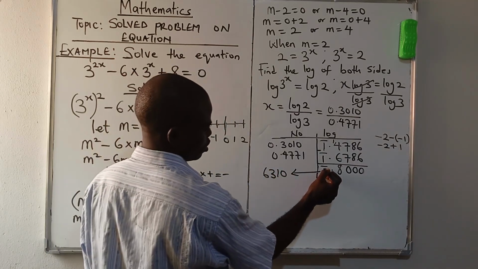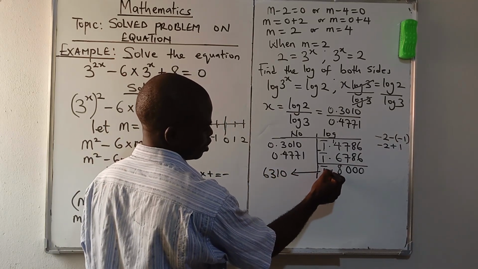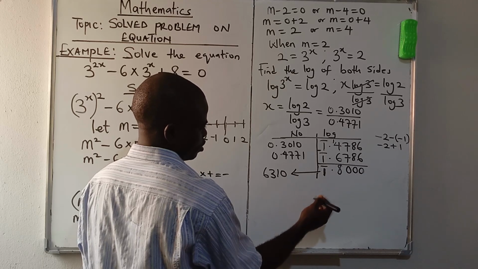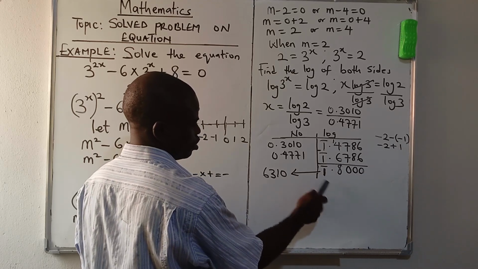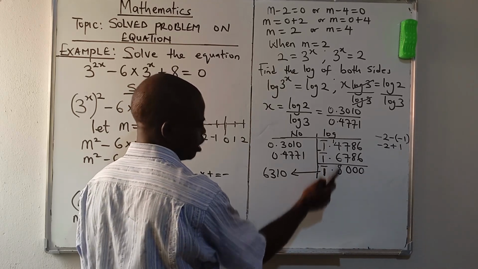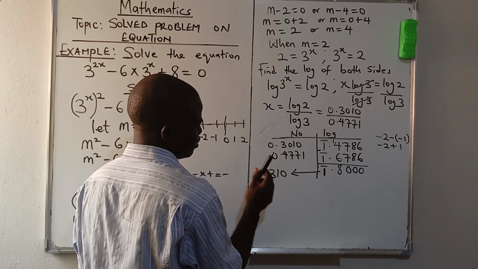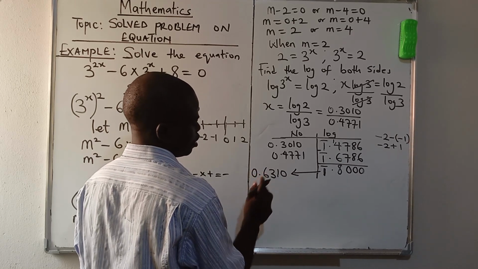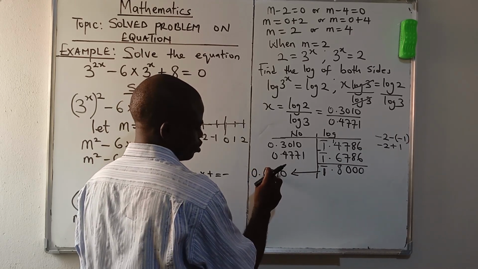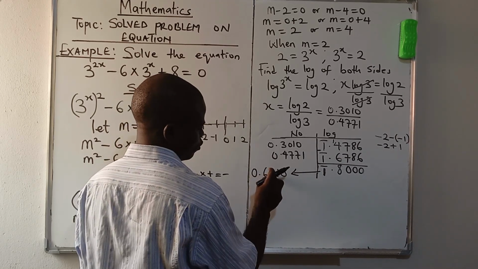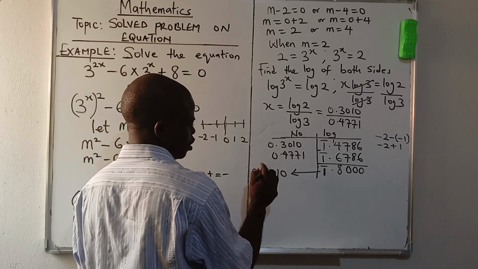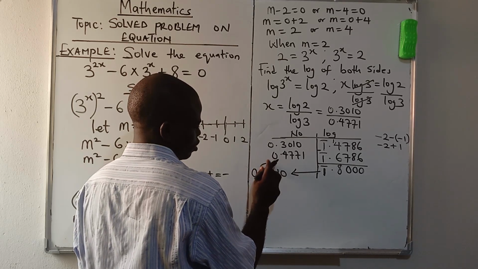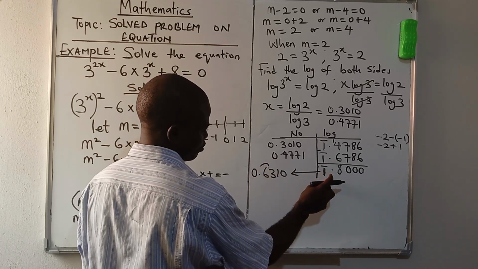Now I told you in our previous class that when you have bar 1, don't add 1 to it because of the bar. You only add just a 0 point, so that when you shift from left to the right, it will give you your bar 1 back.